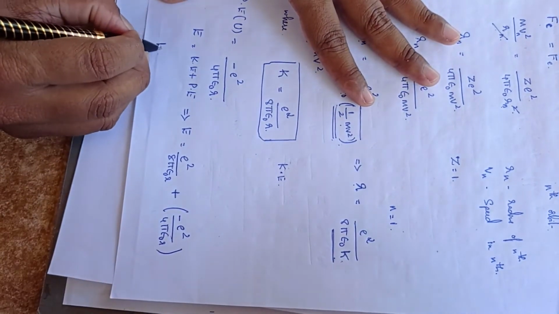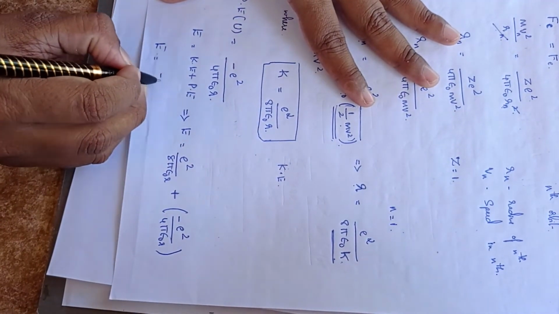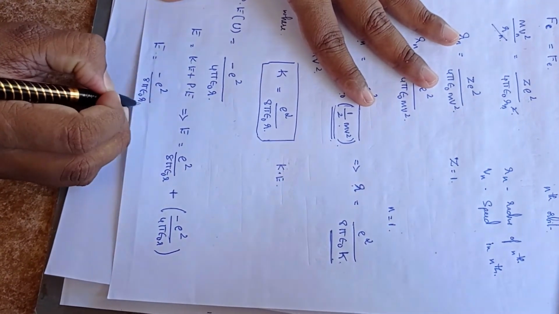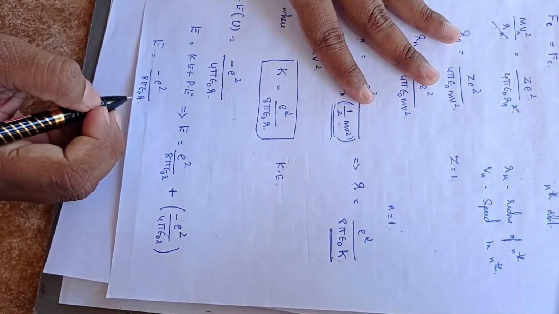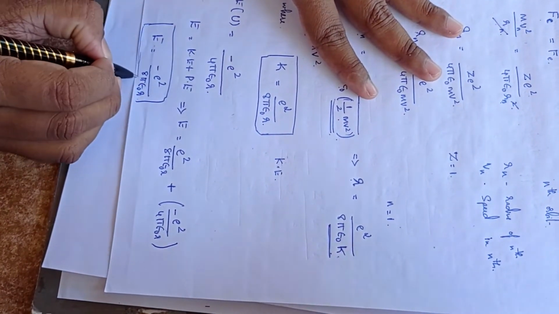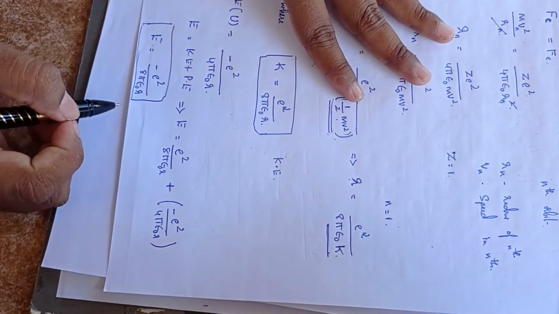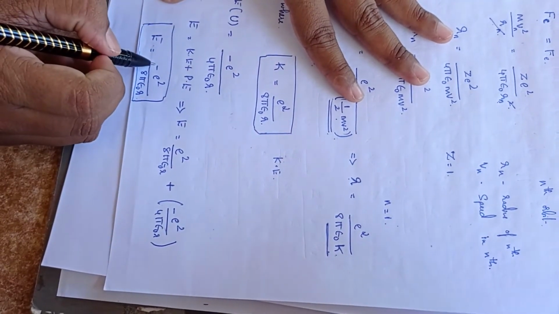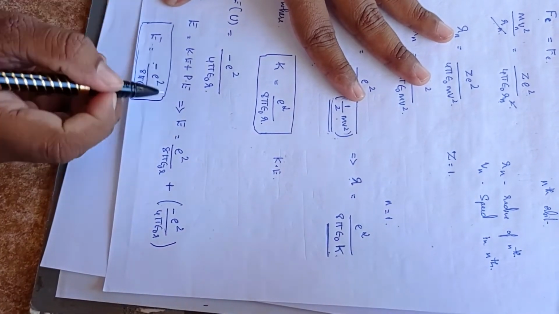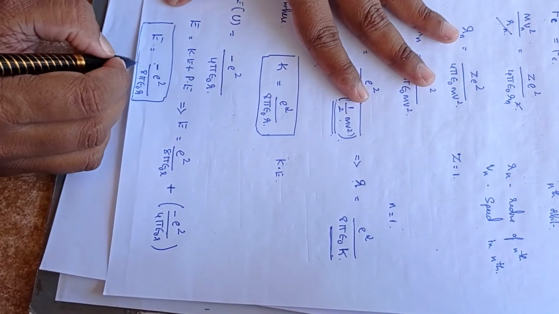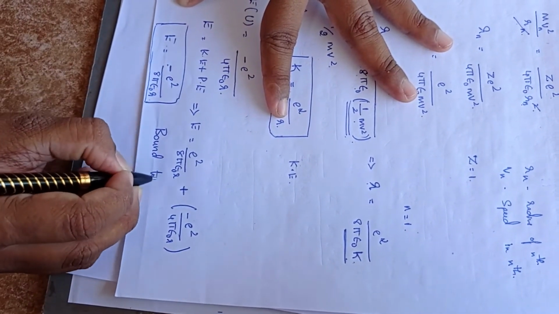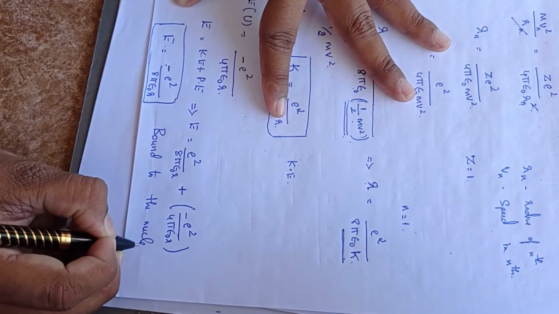So our final expression is minus e square by 8 pi epsilon naught r. This is the expression for the total energy of the system. This negative sign indicates that the electron is bound to the nucleus. They are bound to the nucleus.